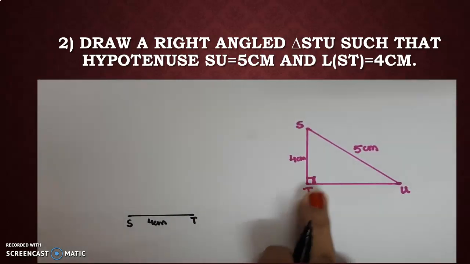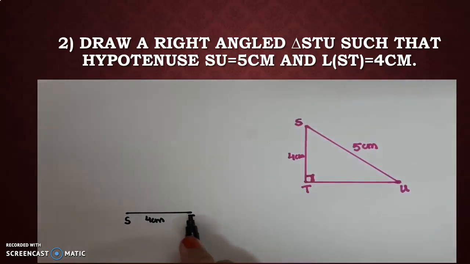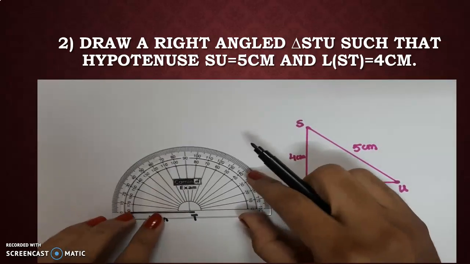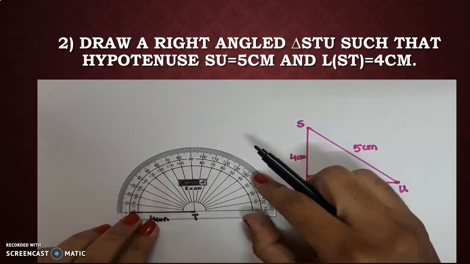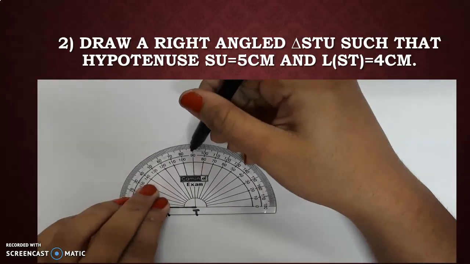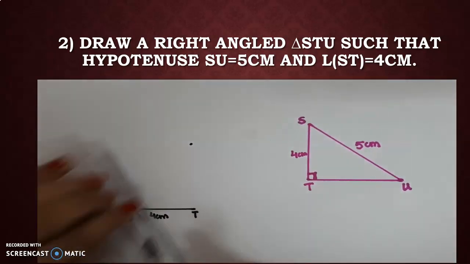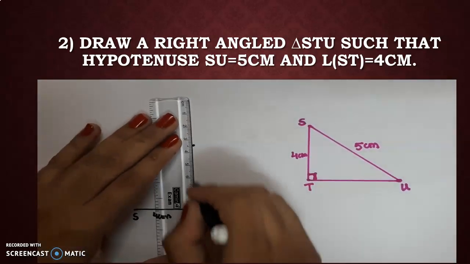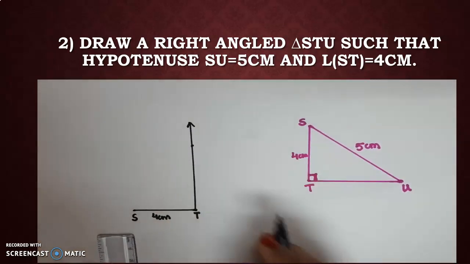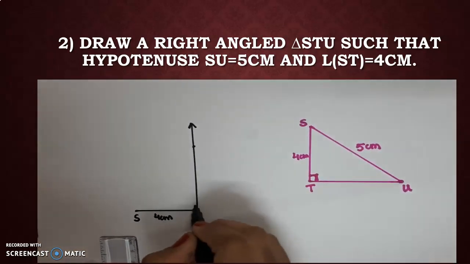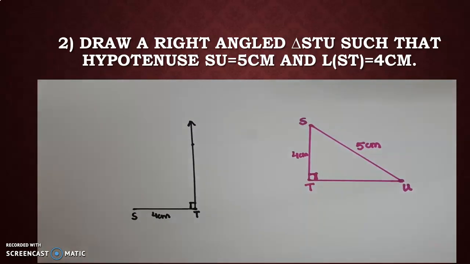After that we see our angle T is 90 degrees. In this I have my vertex T on this side. So here I will keep my protractor on point T and plot where I get the 90 degree angle. This point I will join with T. As T is 90 degrees, here also I will give the symbol of 90 degrees.